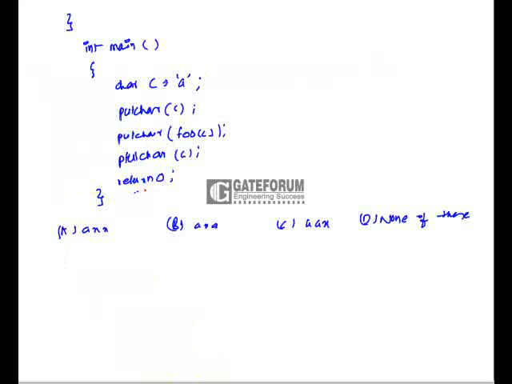Why? Because we have declared main as int main, which means it will return a value of type integer. That's why we have return 0. We can declare this as void main, and we need not write this return 0 statement.